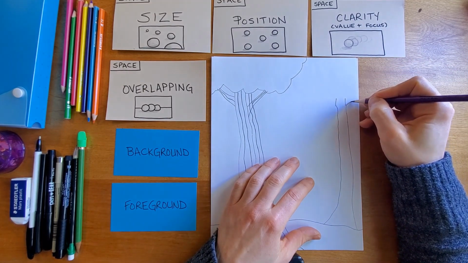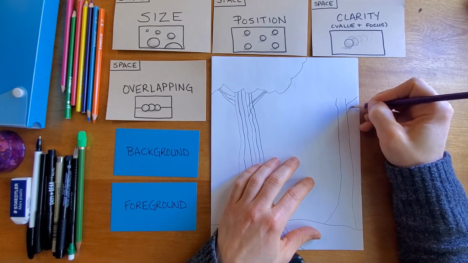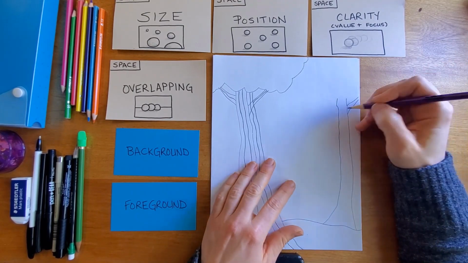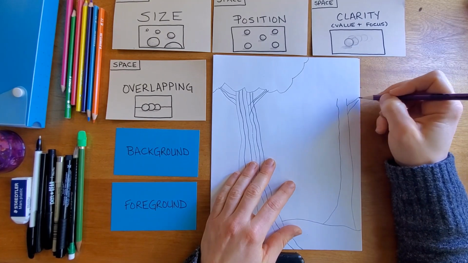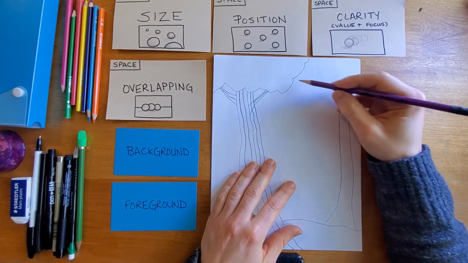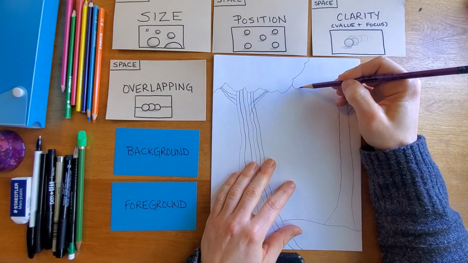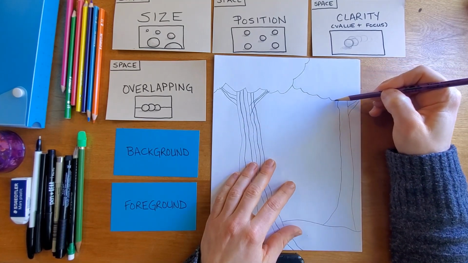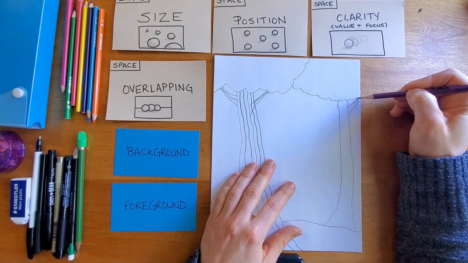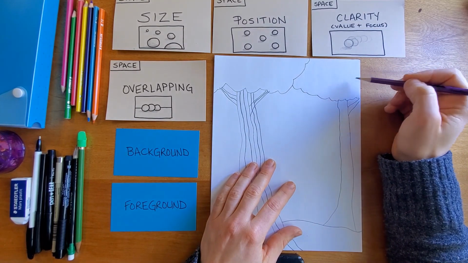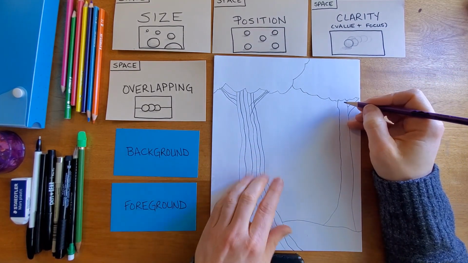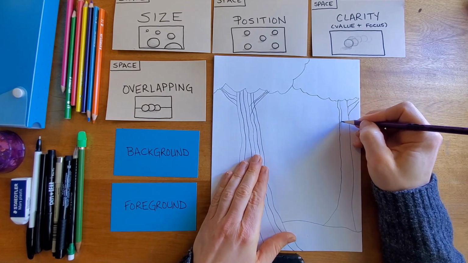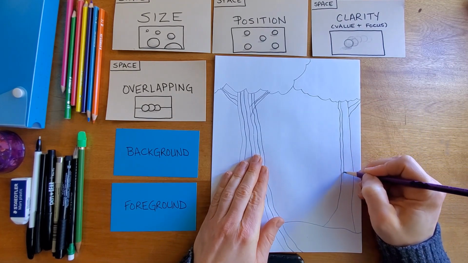And then right here, I'm going to add some little side branches. Yeah, I think just one. That'll be good. And I'm going to make my canopy, my leafy part right there. And I really liked this tree trunk texture, so I'm going to just real quick add that in right here.